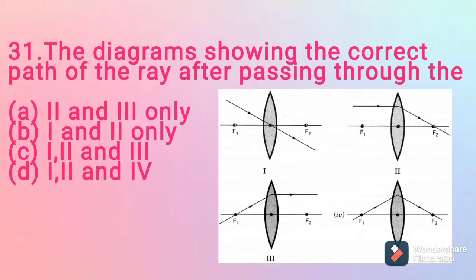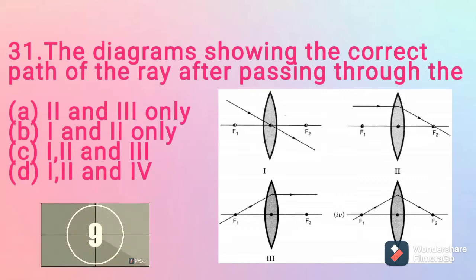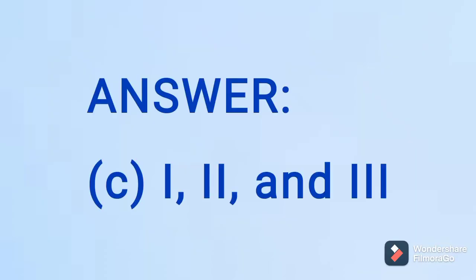The diagrams showing the correct path of the ray after passing through the lens. Option A, 2 and 3 only, option B, 1 and 2 only, option C, 1, 2 and 3, option D, 1, 2 and 4. And the answer is option C, 1, 2 and 3.